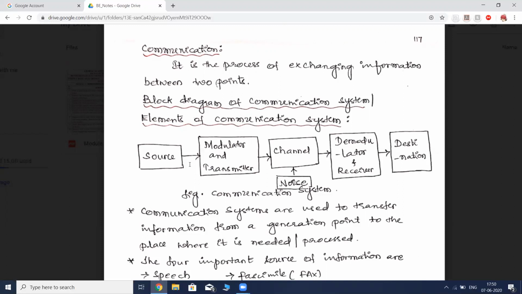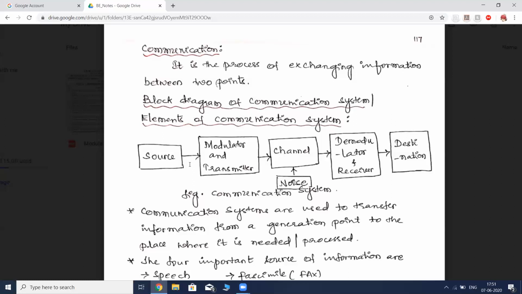It may be speech that you need to transmit, or it may be facsimile, also known as fax. It may be television, in the sense of the different channels that we need to transmit, and data may also come from the personal computer. So this is the information generation point.